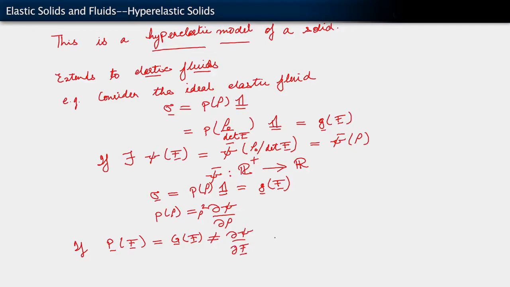Supposing we say that we don't have any such psi whose derivative with respect to F gives us g of F. Then we have a hypoelastic solid, or a hypoelastic model of a solid.